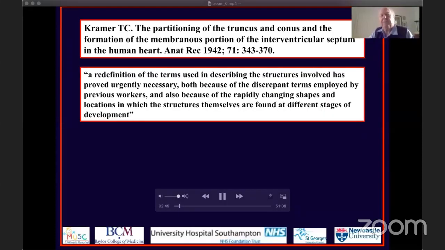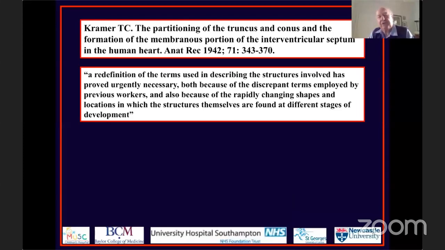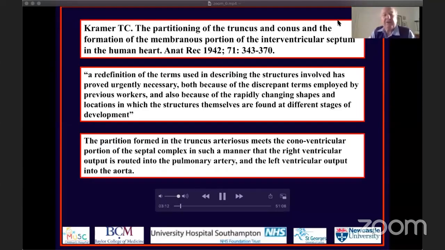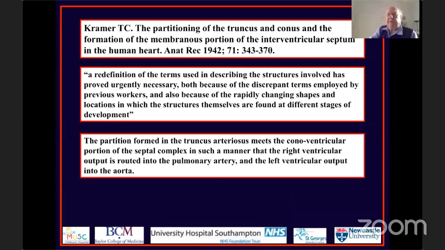And he produced the paper because, as you see here, he was worried that the terms employed by previous workers had been so discrepant that they were unable to cope. What he says here, the rapidly changing shapes and locations in which the structures themselves are found at different stages of development. And what he says remains true.